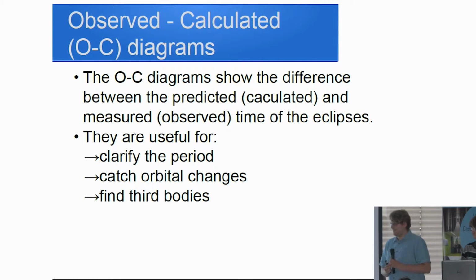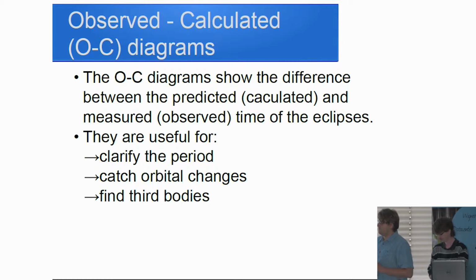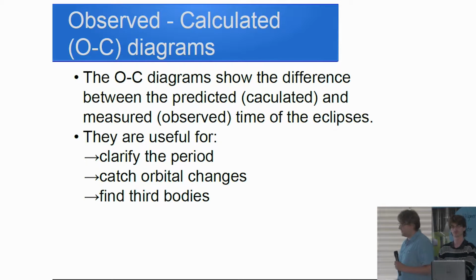This diagram can give us so much information about the system. For example, if the period has a kind of error, we can clarify it, or maybe there is a mass transfer between the components, then we can catch it. And also we can find third bodies around the eclipsing binaries. It can be planets or another star as well.